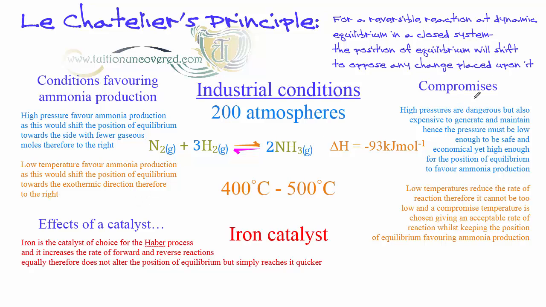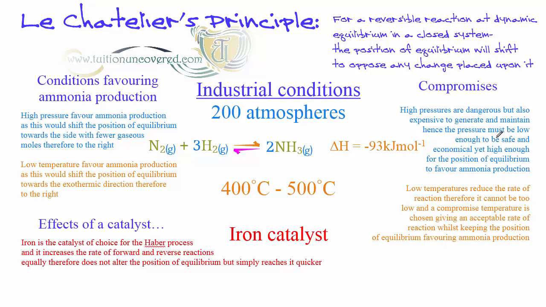What compromises must be made? Well, the higher the pressure, the more dangerous it is. The higher the pressure, the more energy you need to use to generate and maintain those pressures. So high pressures are dangerous, but also expensive to generate and maintain. Hence, the pressure must be low enough to be safe and economical, yet high enough for the position of equilibrium to favor ammonia.